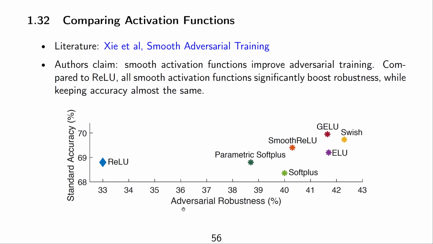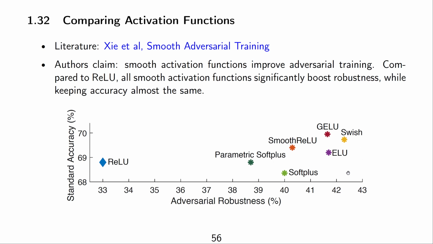So in adversarial training, there are two things we look at. One is the accuracy of the classification at the end, but also the robustness to adversarial examples. And what you can see here is that while the classification accuracy doesn't change a lot, the adversarial robustness improves a lot by using other activation functions than ReLU.